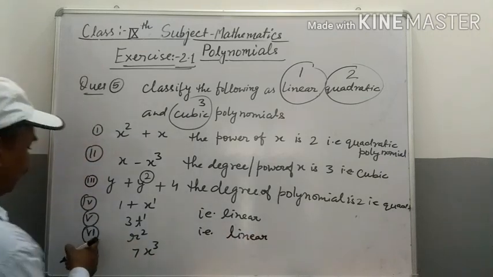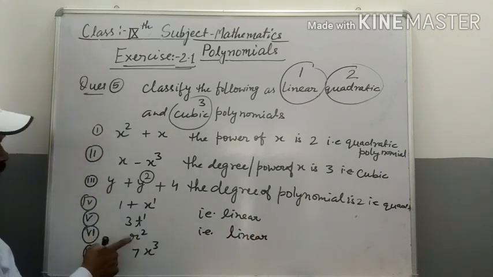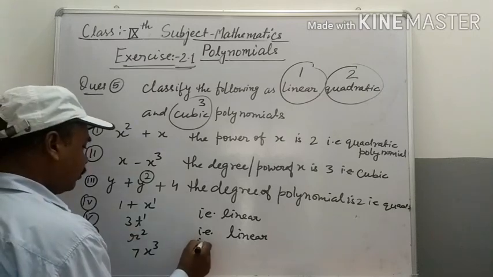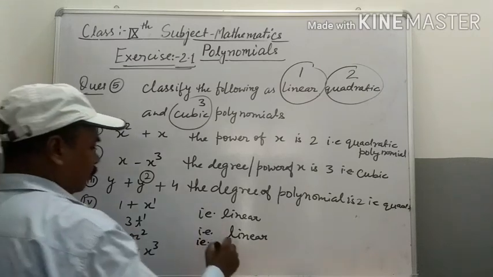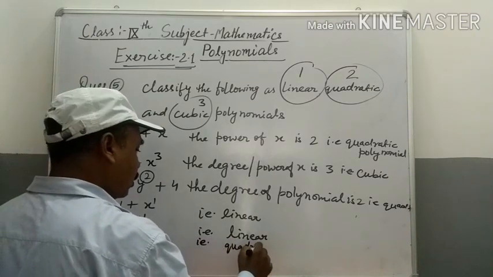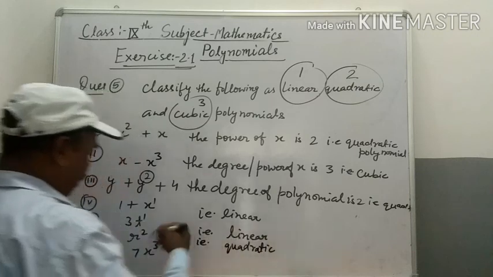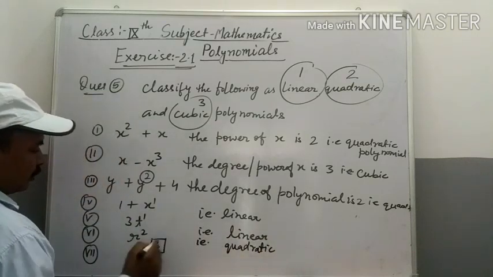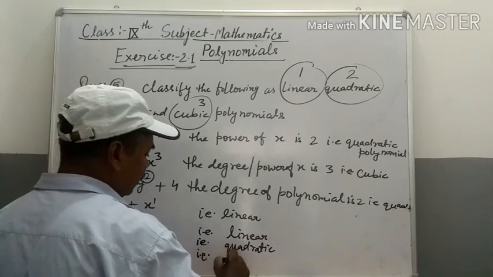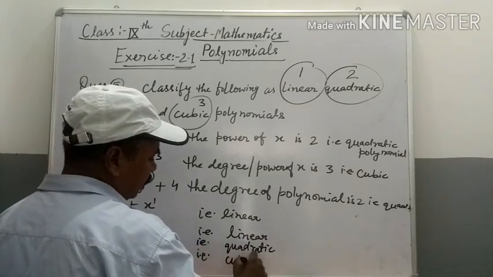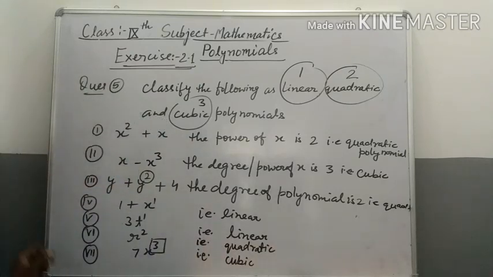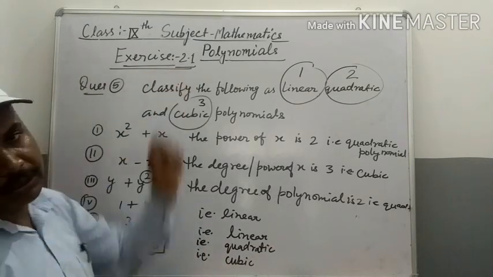And sixth question, the power of the variable r is 2, that is quadratic. And last, the power is 3, that is cubic. That completes the whole exercise. Students, you have to note down and practice this exercise 2.1. Okay, thank you.